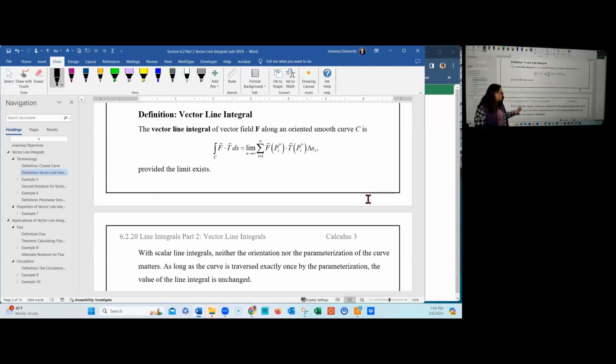Now remember, with a scalar line integral, neither the orientation nor the parameterization of the curve made any difference. As long as the curve was traversed exactly one time by the parameterization, the value of the scalar line integral is unchanged.